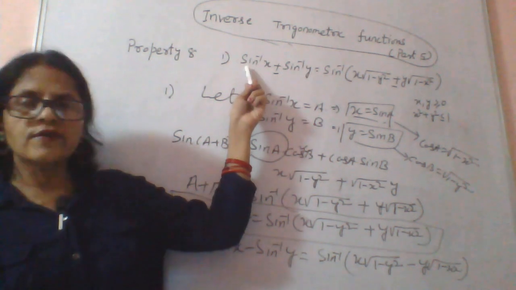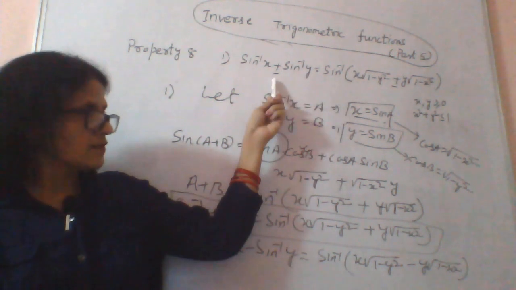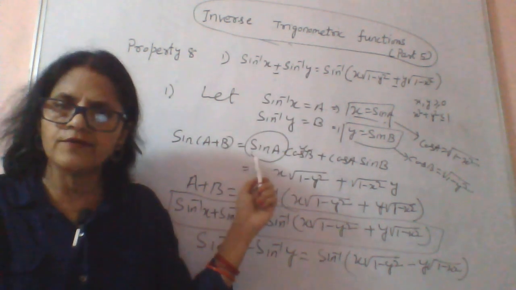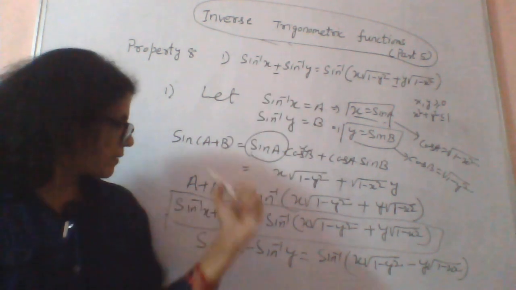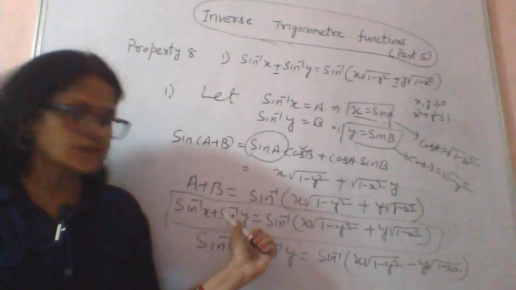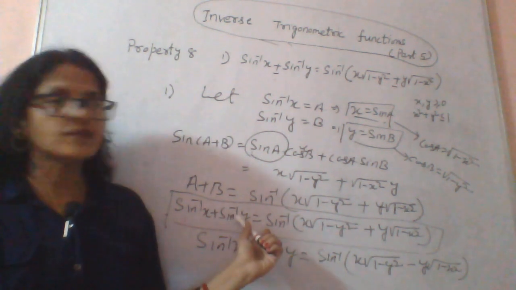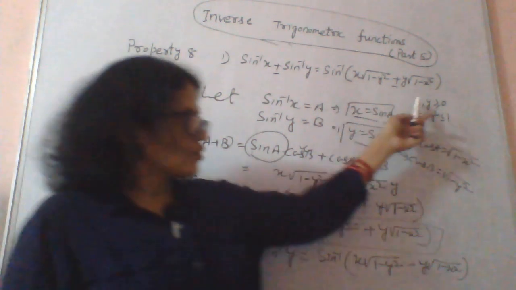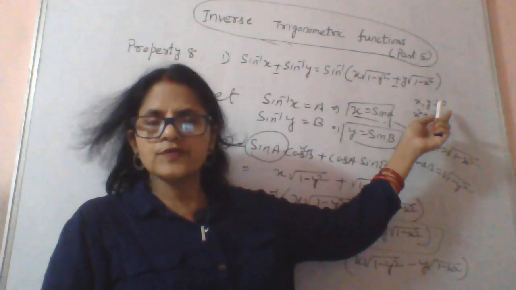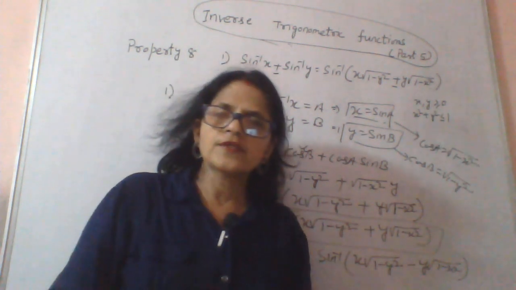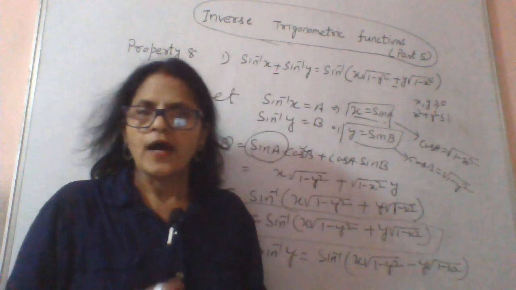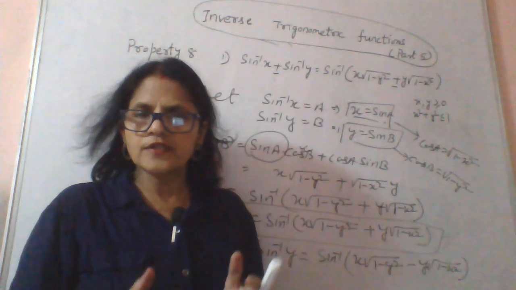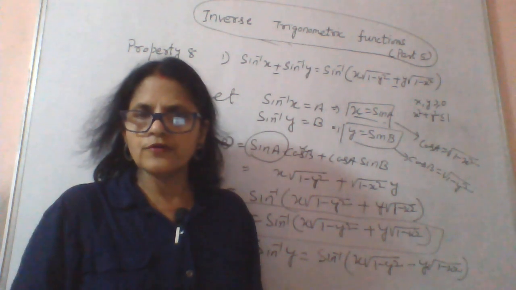Sin inverse x plus minus means the first part we have taken sin inverse x plus sin inverse y. Second part we have taken sin inverse x minus sin inverse y. Here we have the restriction x y greater than or equal to 0. Because, as you know, the sin inverse principal value branch is from minus pi by 2 to pi by 2.